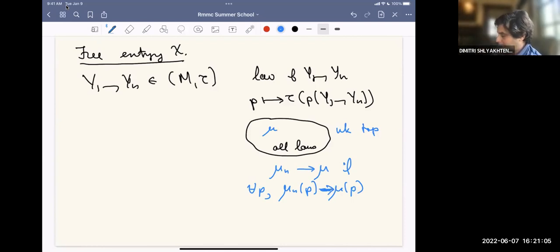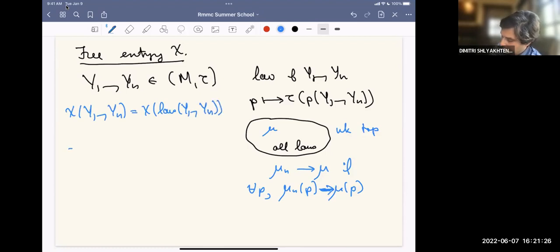All right. And now the idea is to see how many matrices there are which in this topology approximate a given law. So chi of y_1, ..., y_n, actually it will be chi of the law of y_1, ..., y_n. And it will be the following thing. First of all, I take the set of all matrices, little y_1, ..., little y_n.